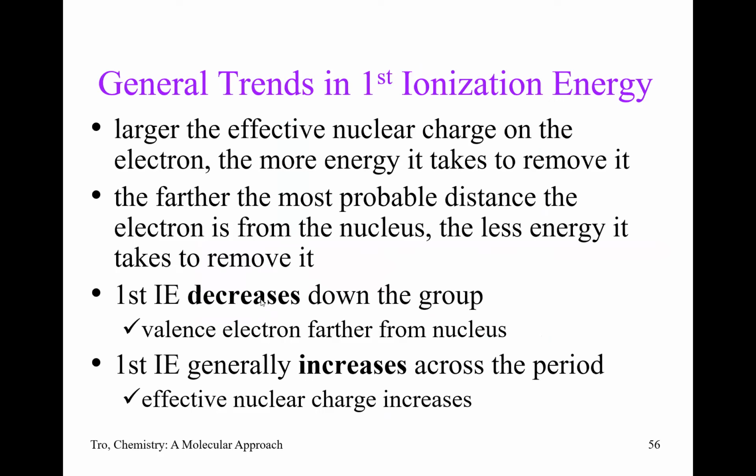Understanding the ionization trends is just a function of knowing what ionization energy means, and then knowing the trends in the radius, what they look like, where the electrons are. Here, the ionization energy increases as you go across the period. This is minor.